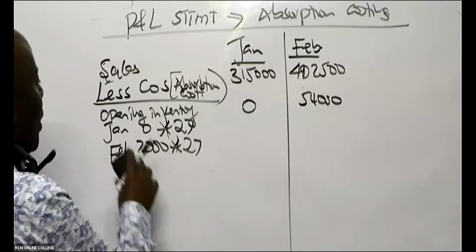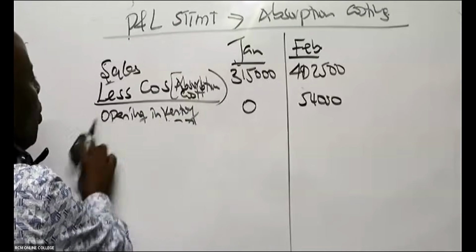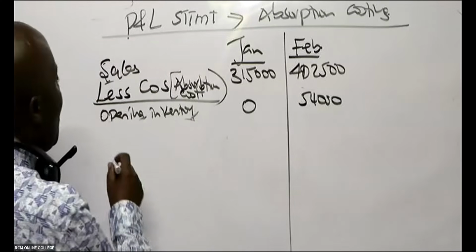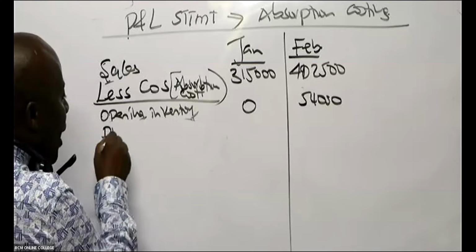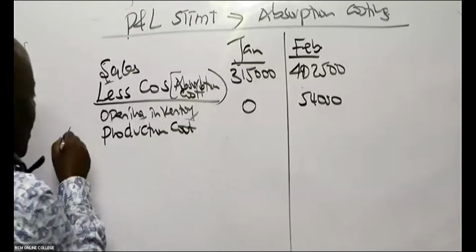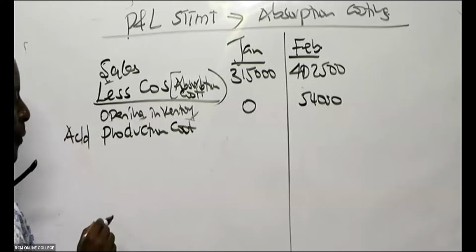Now, ladies and gentlemen, after opening inventory, you go straight to the next one, which is production. So you say add production cost.